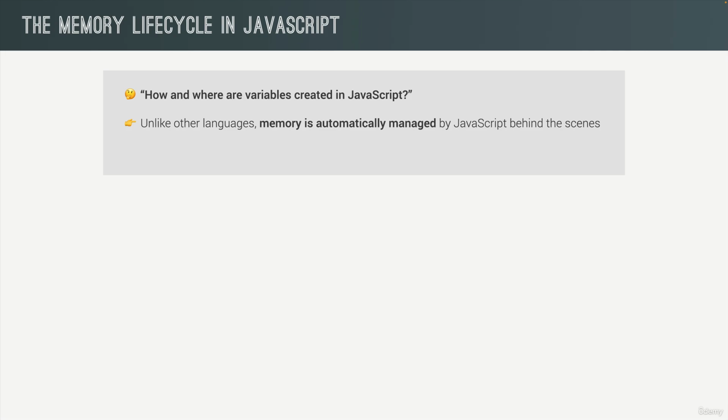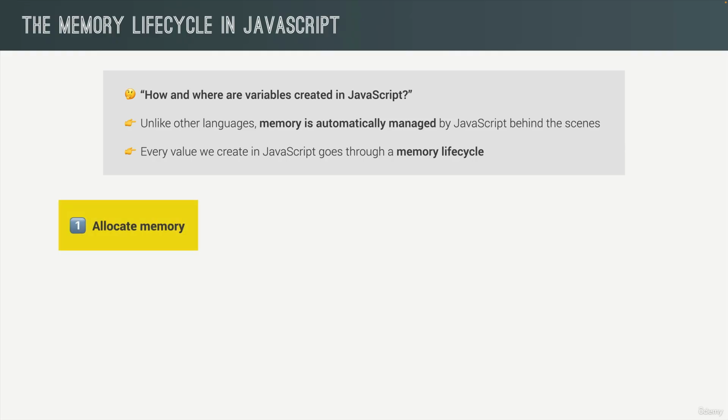Well, to give you a broad overview, every single value that we create in our applications goes through something that we call a memory lifecycle. So in this lifecycle, first a piece of memory is allocated whenever we create a new value, for example, to assign that value to a new variable in our code.